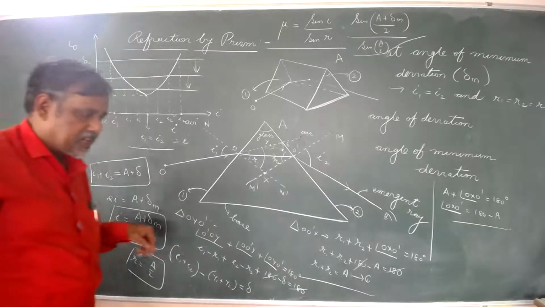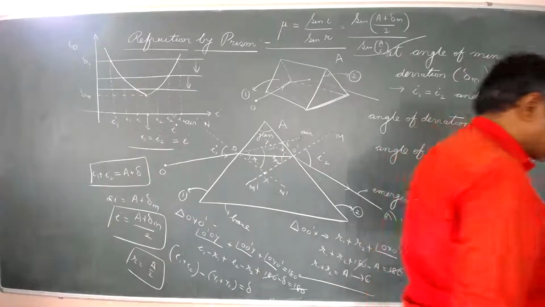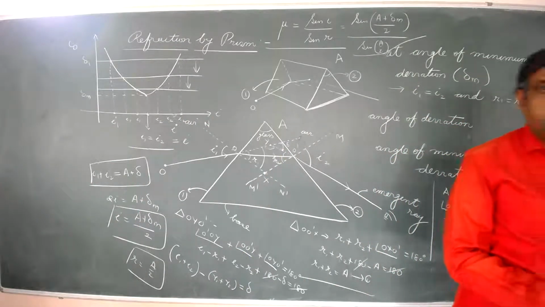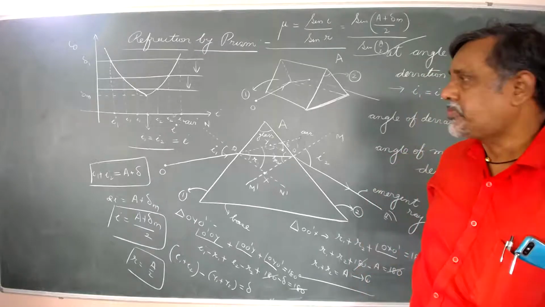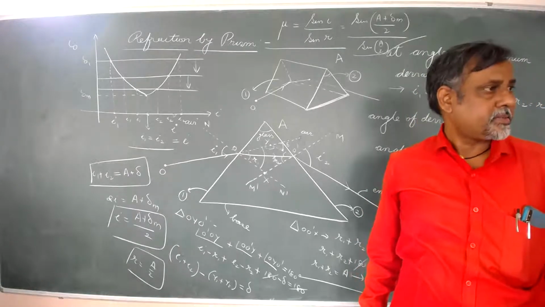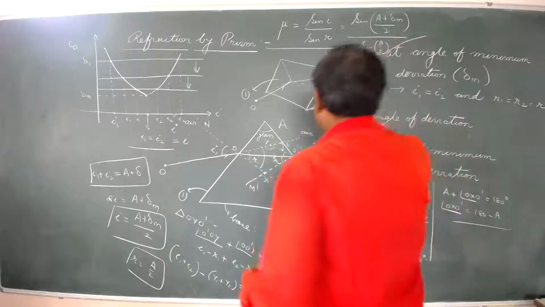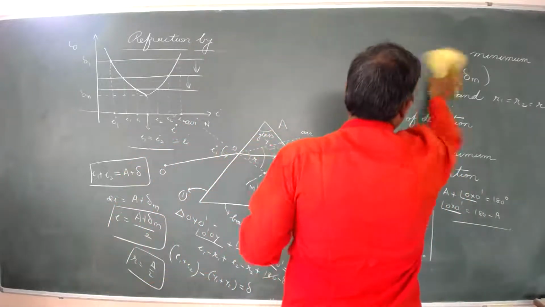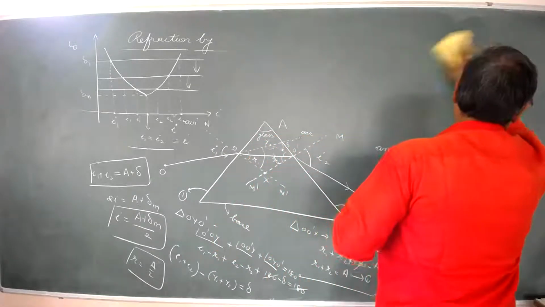So what is that special case? Sometimes the prisms that you are going to handle are thin prisms, very, very thin prisms. Thin prism in the sense, at what range does the prism angle have to be taken?